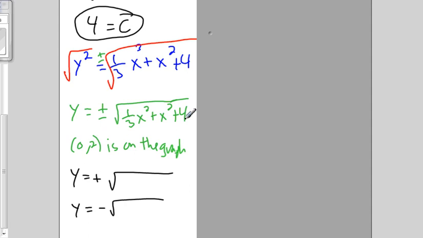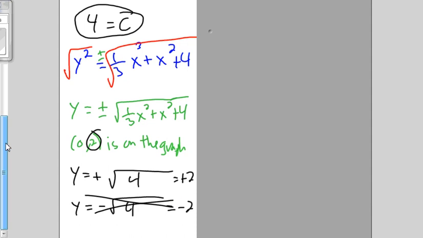And whatever I put in for x should come out to be 2. So when I put in 0, what do we get? 0, 0, 4. So that's going to be positive 2. That's great. And then the other one, when it's the negative square root, that equals negative 2.